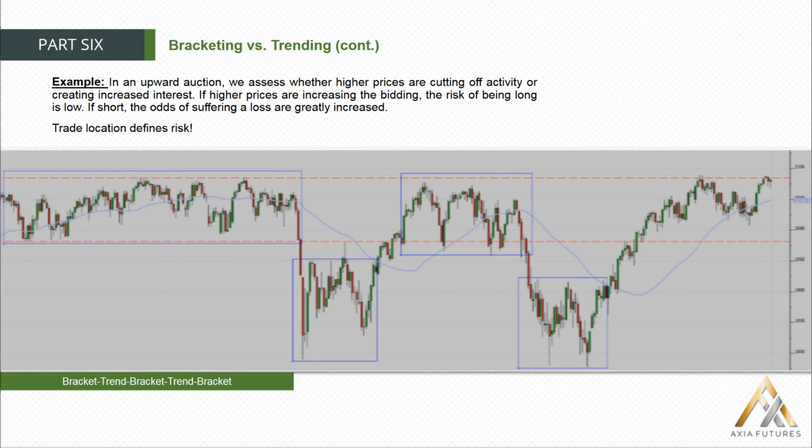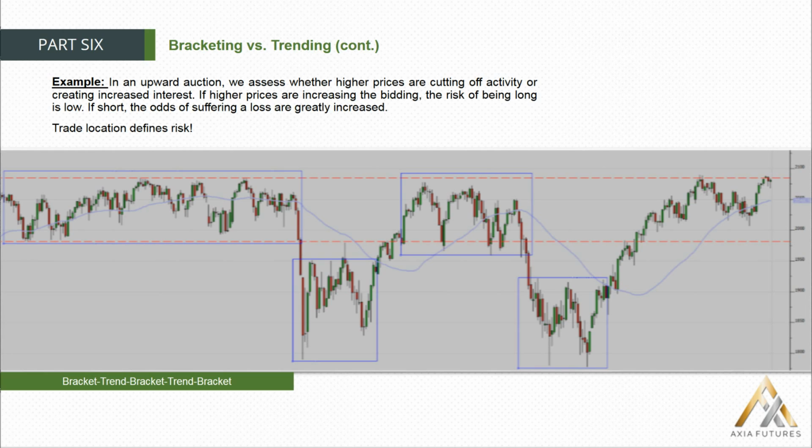Finally, once we take out that key pivot where the sellers initially initiated, note how the market then moves back into the original bracket. Now, this is not something that's new. You're going to see this very, very often, the market moving in and out of bracketing areas. The important thing to understand is when are we bracketing and when are we initiating or trending.